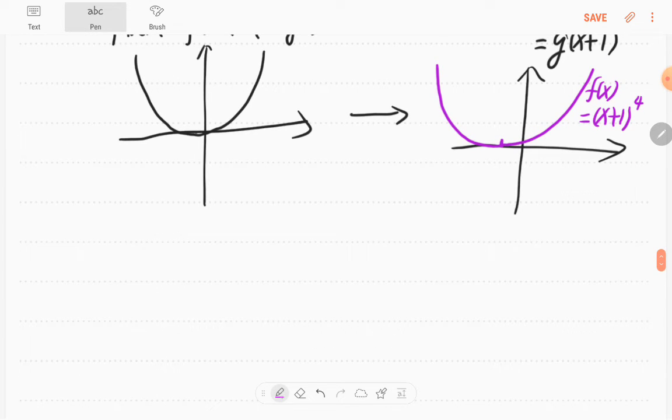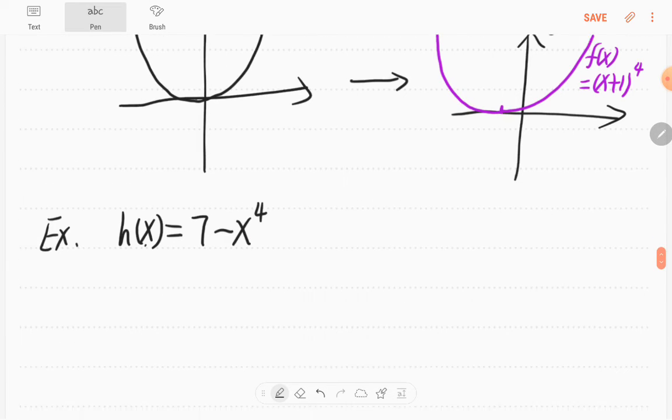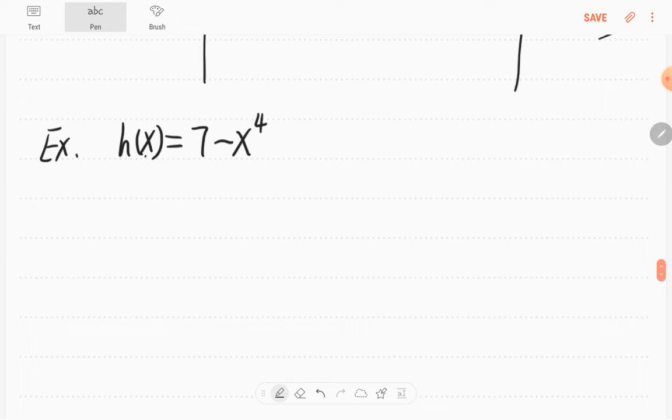Another example: if we want to know the graph for h of x, which is 7 minus x to the fourth. Now let's start from the parent function. The parent function would be y equals x to the fourth, right? X to the fourth is this one.